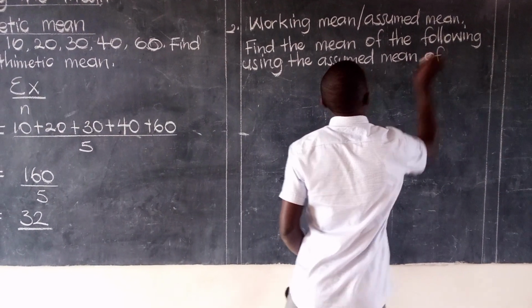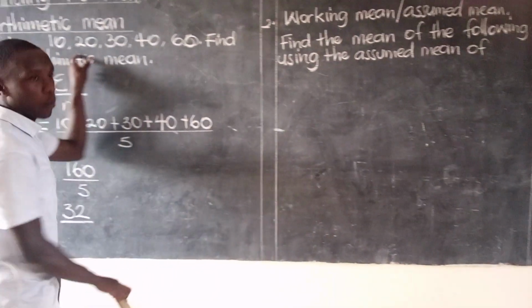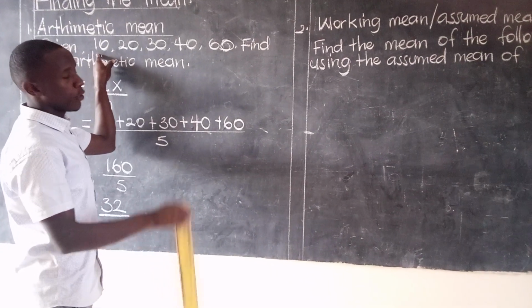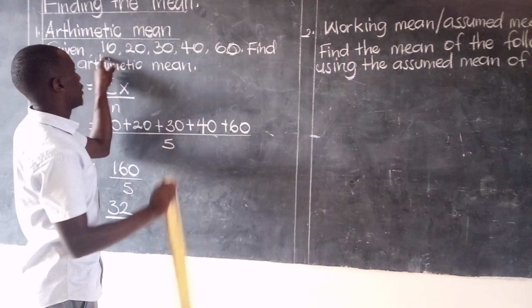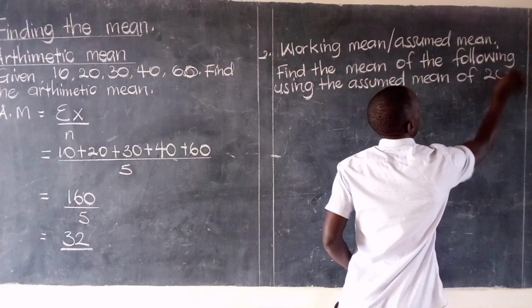Now, according to the observations, we are going to use the observations that we have here. So we may have the working mean as 20.